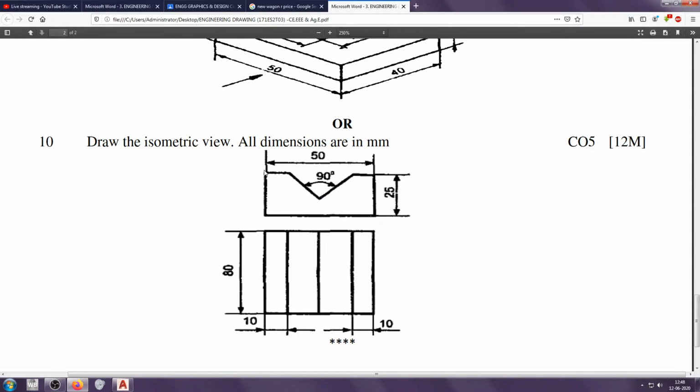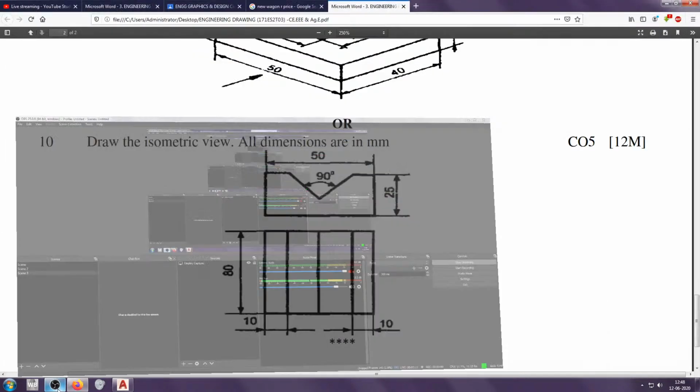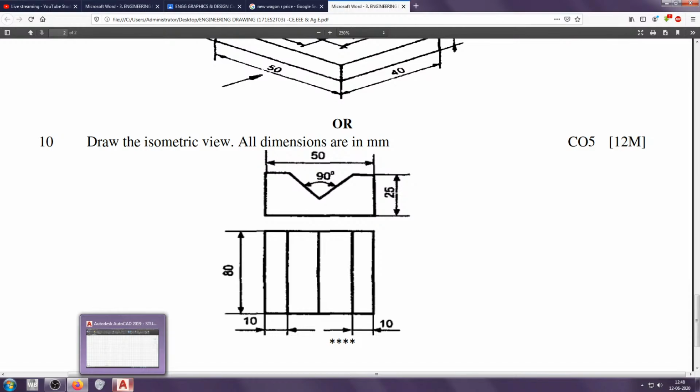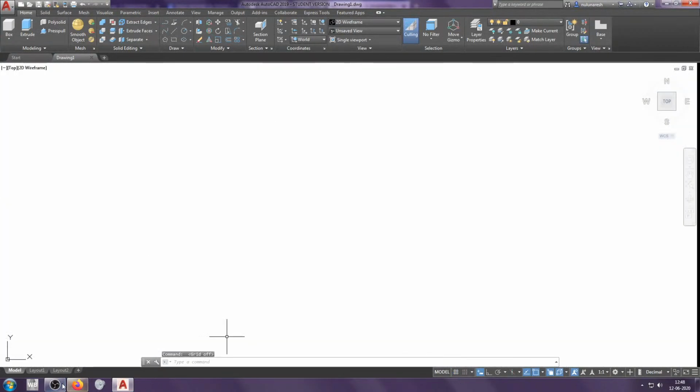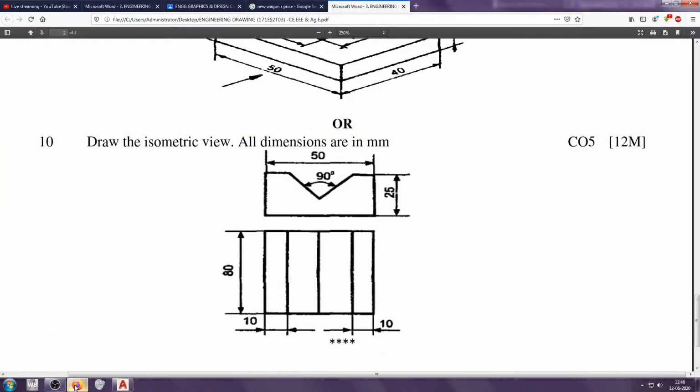So since this particular view is actually above this view, you can actually say that this one is the front view. So this is how it has to look from the front, and this is how it actually looks from the top. Since we are all talking about the first angle projection, we are assuming that the body is actually in the first quadrant. Okay.